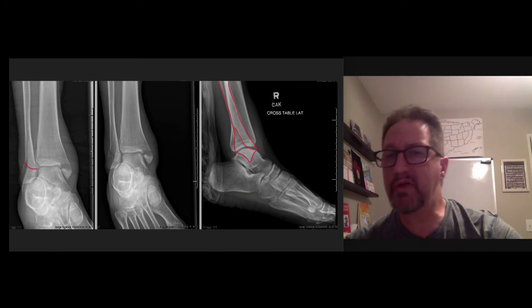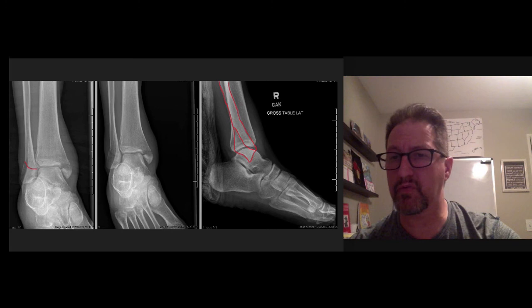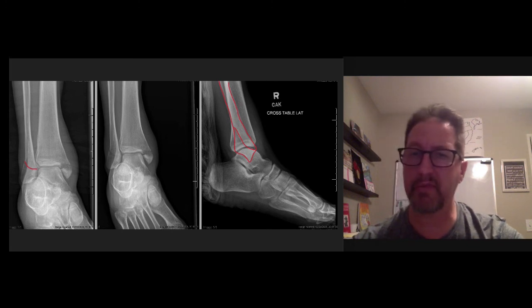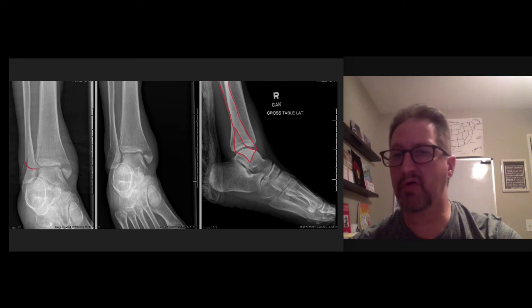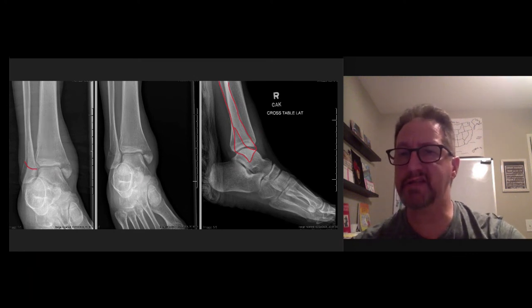Okay, the only one of the two, the SER versus the PAB, that has a spiral oblique fracture with a posterior spike is an SER type of fracture. So now we know this is a Danis-Weber B. This is an SER. Now, if it's an SER, then I think about the steps.